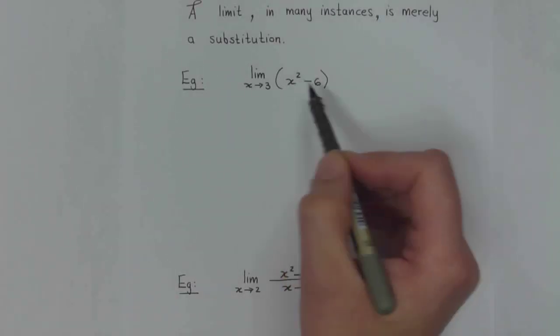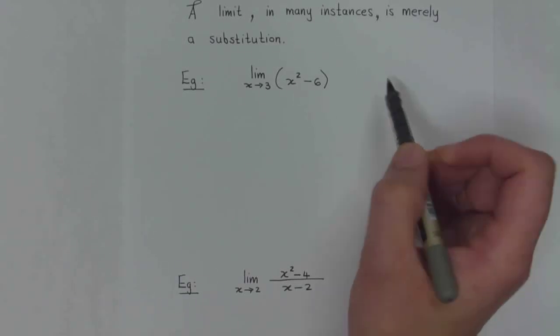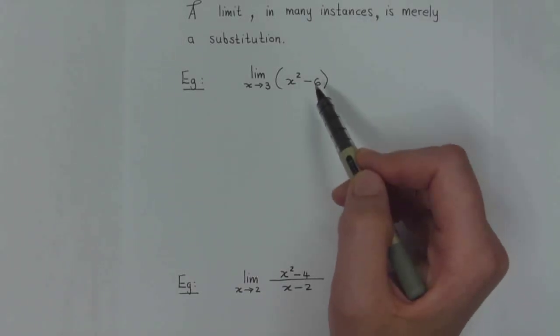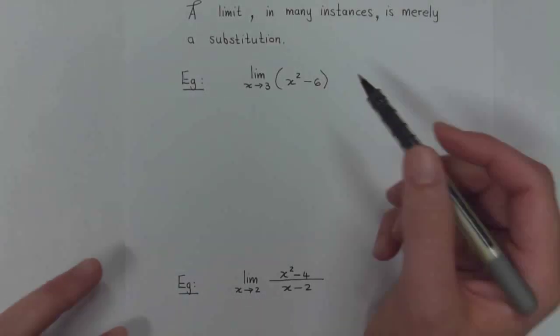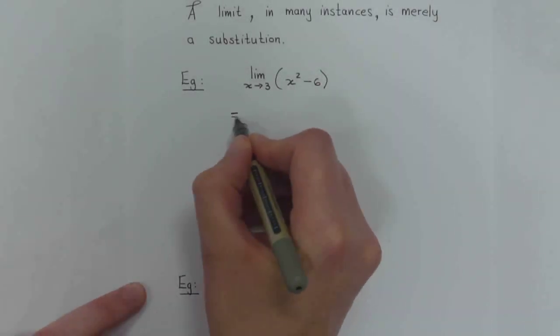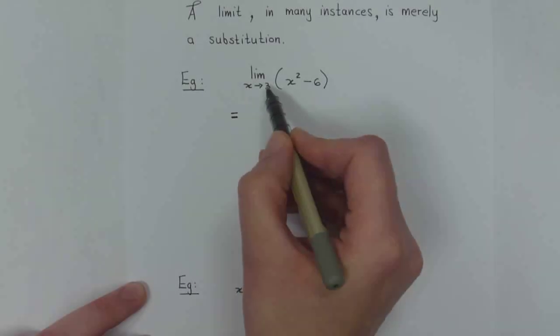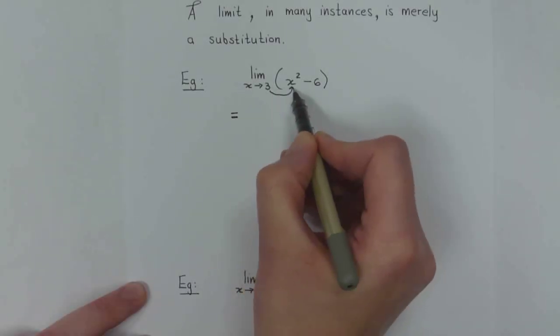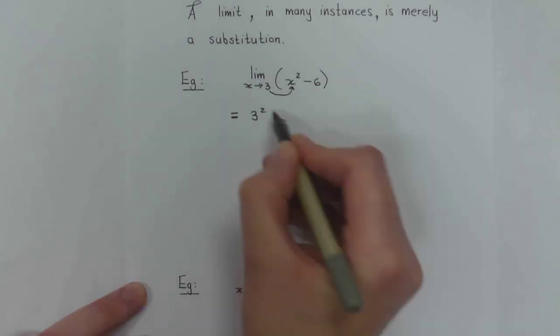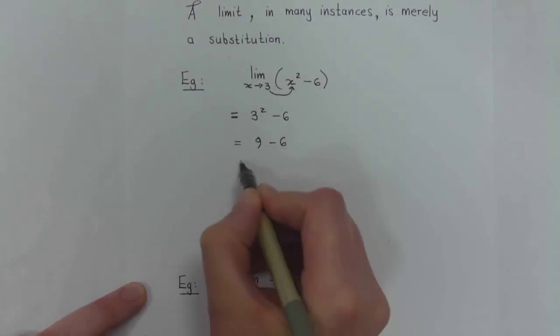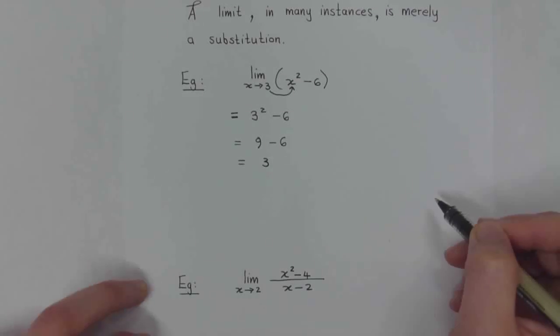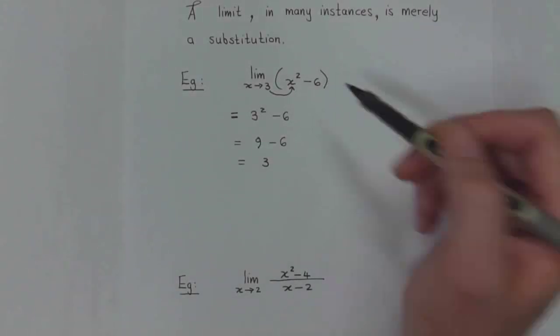Now, like I said, I'm going to explain to you just now what it means, but in many instances, to calculate this, it merely involves a substitution. So I'm going to write an equal sign over here, and in order to calculate this limit, I'm just going to substitute 3 into x. So I'm going to go 3 squared minus 6, which is 9 minus 6, which means the limit is equal to 3.